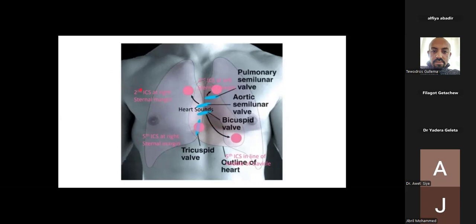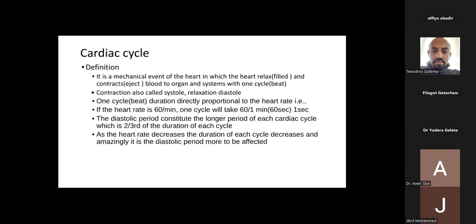So first, in order to understand the characteristics of the S1, S2, S3 different sounds, let me revise for you the cardiac cycle. Before, we discussed the cardiac cycle in detail. Now let's see it in more detail. All right. Cardiac cycle is defined as a mechanical event of the heart, characterized by filling, that means relaxation of the heart, that's called diastole, and ejection, that's contraction of the heart.